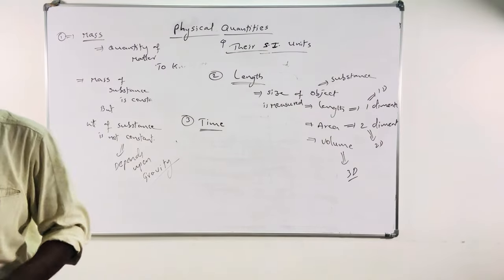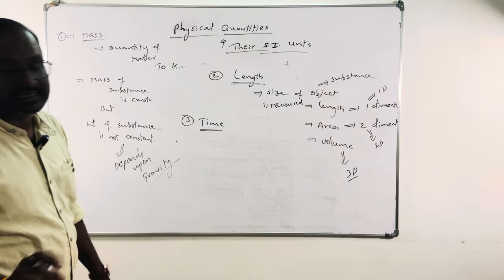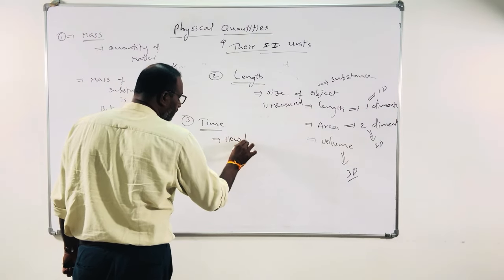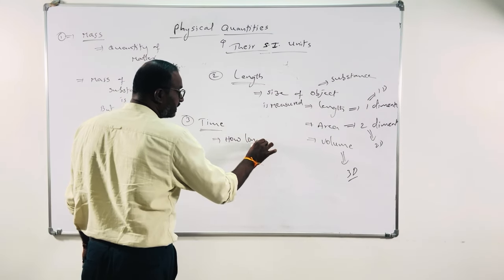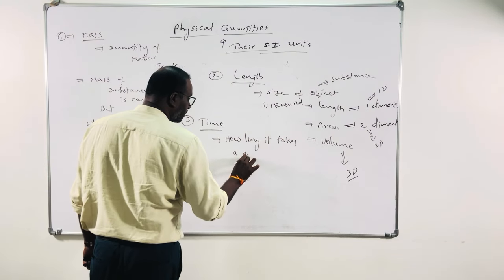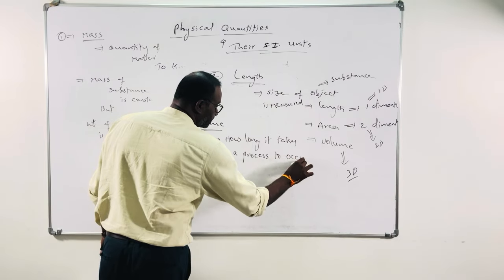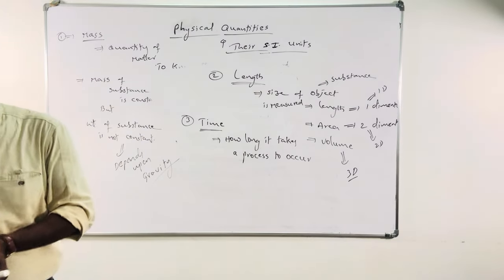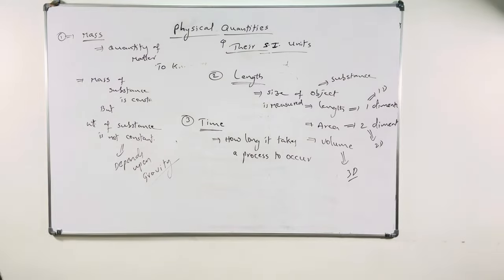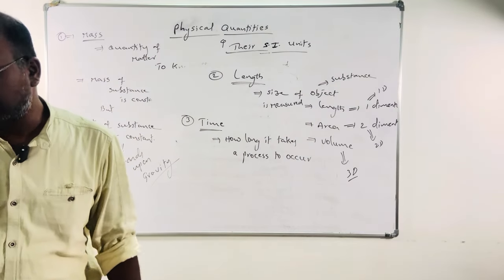And coming to time, it helps to know how long it takes for a process to occur. How long it takes is nothing but time. That is the third fundamental physical quantity. So these are three fundamental physical quantities.